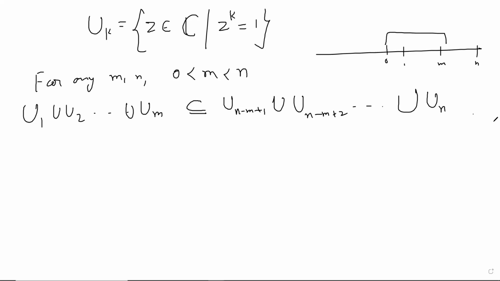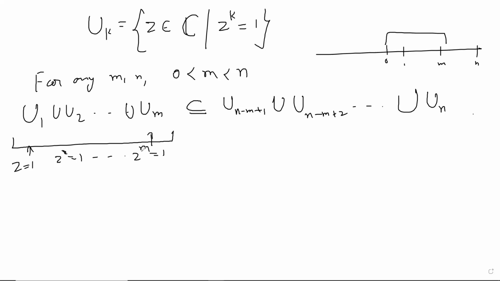Once again, is the question not clear to anyone? So we have these roots of unity, for z equal to 1, for z square equal to 1, for z to the power k equal to 1. They're saying that you collect the roots of unity from z equal to 1 up till z to the power m equal to 1.